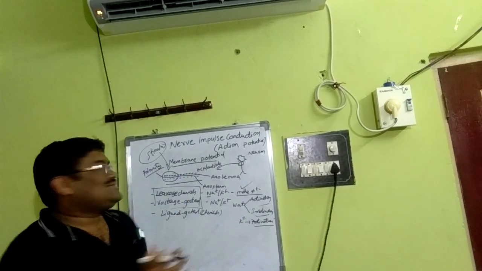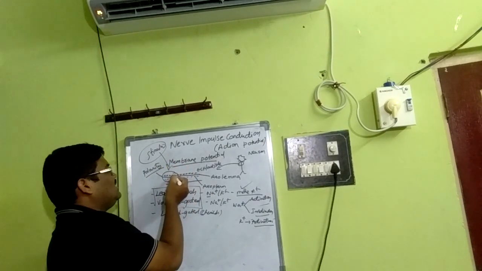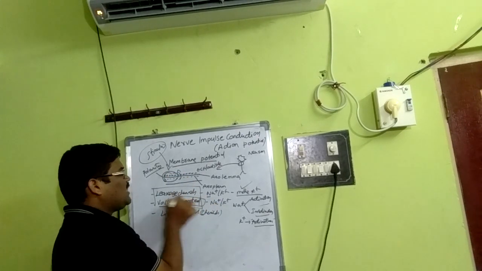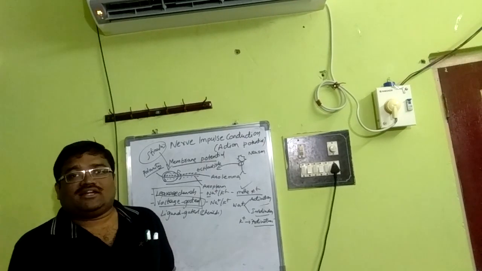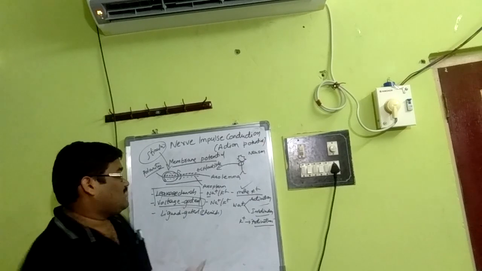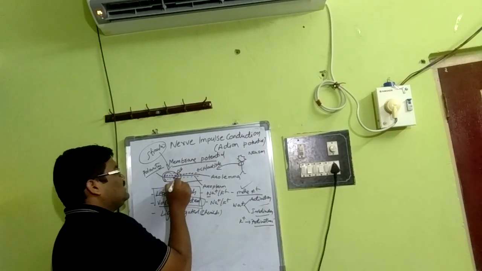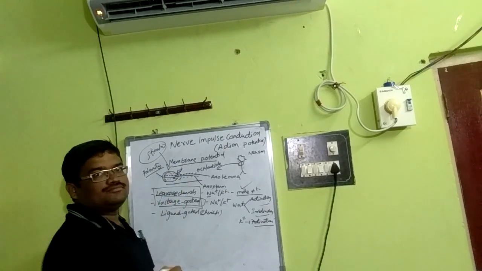When there is a stimulus, the ionic environment will change, that means there is a reversal. Here the positive will come inside and negative will go outside because of these issues, that means because of voltage gated channels. These voltage gated channels permit the influx of sodium from outside to inside, so that the inside becomes positive and outside becomes negative.